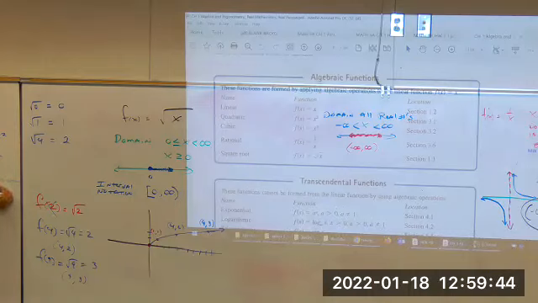When you plug in 2, we get (2, 4). When you plug in 3, we get (3, 9). Over there, we get (1, 1), (4, 2) instead, (9, 3) instead. The x's and y's are switched. That's what makes it an inverse function.